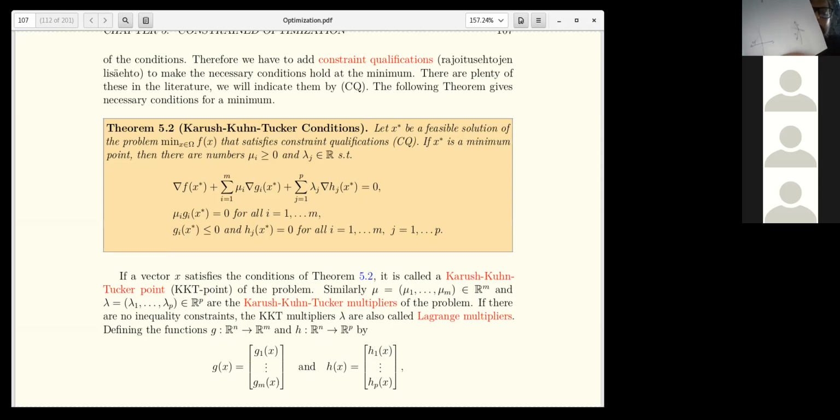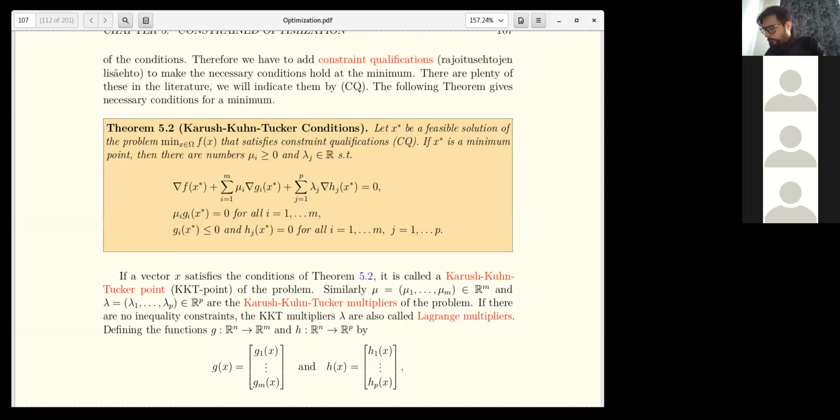So the gradient of f and the gradient of G must point in opposite directions. Meaning the gradient of f is some constant times the gradient of G, this constant being negative, obviously.